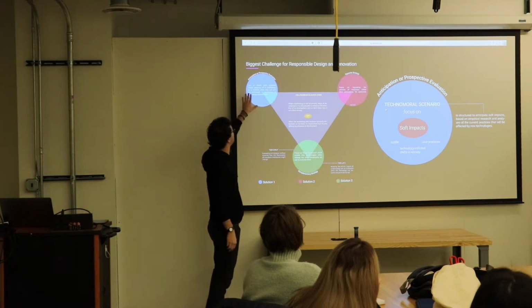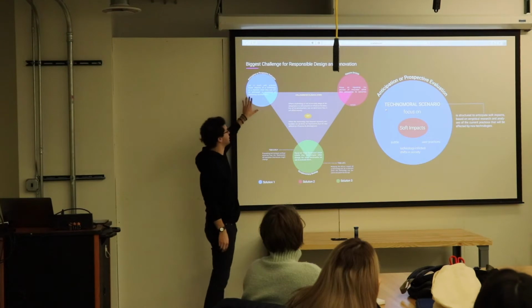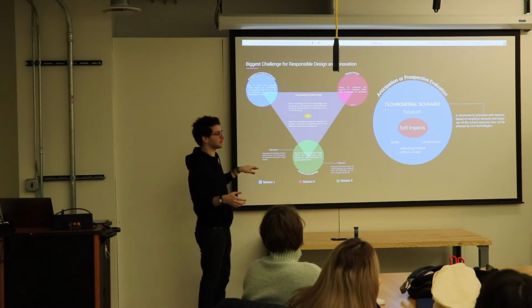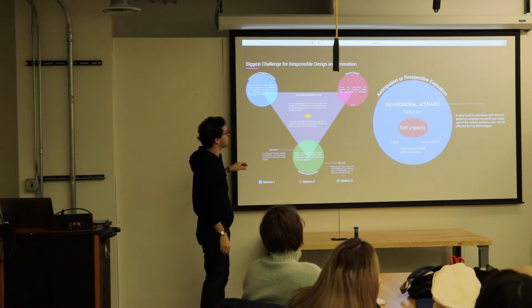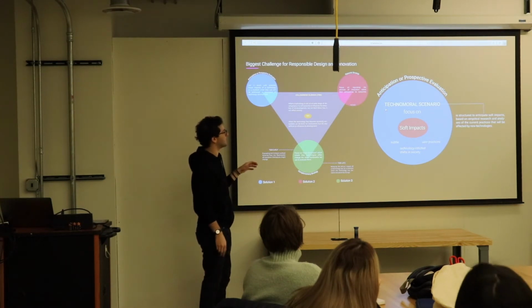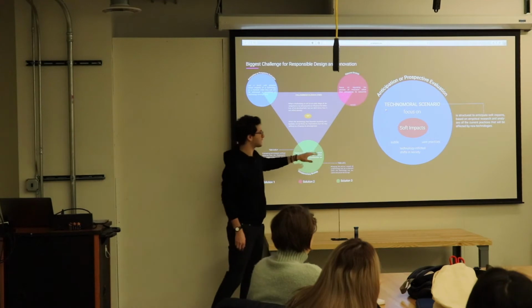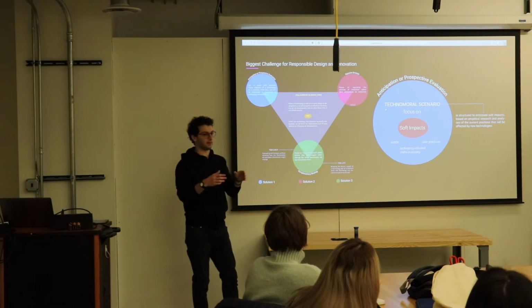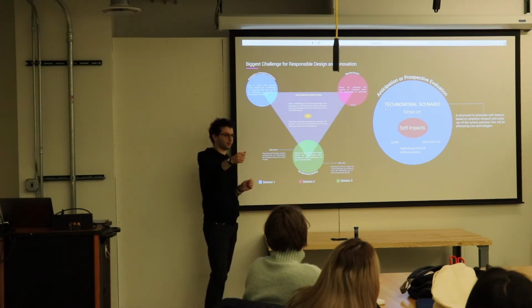And this is the solution that I chose to inform my design system. What this solution focuses on is soft impacts. Soft impacts are subtle technology-inflicted shifts in society and user practices. To give you an example, think about the phone.